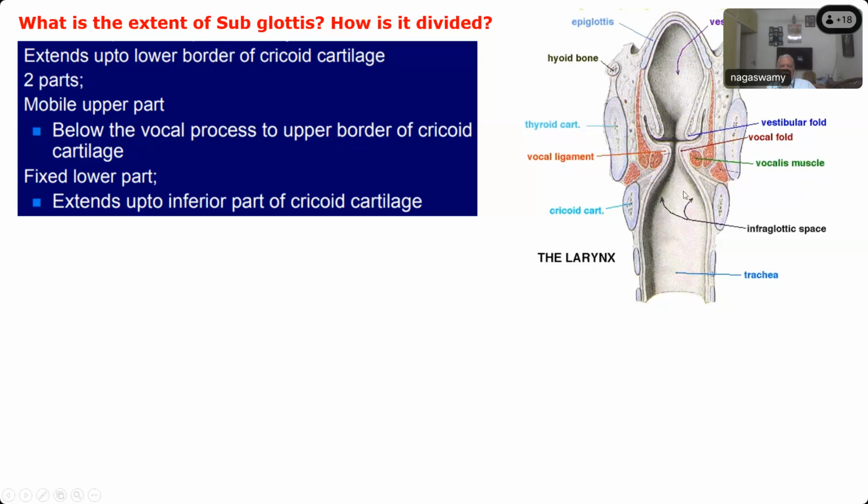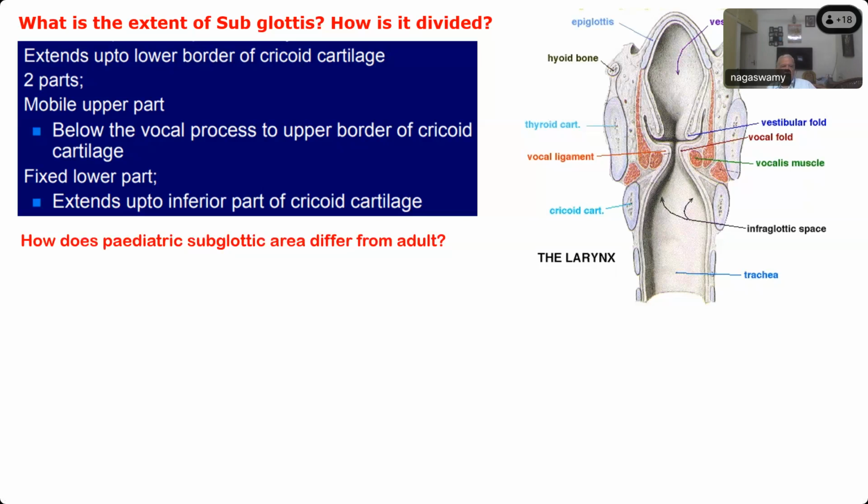This is a normal fixed anatomical area. Any edema in this area will cause airway obstruction, especially in children, because the mucosa is very lax, and an oversized tube or compression for a long time will produce mucosal edema, which will narrow this portion much more to cause what is called subglottic obstruction.